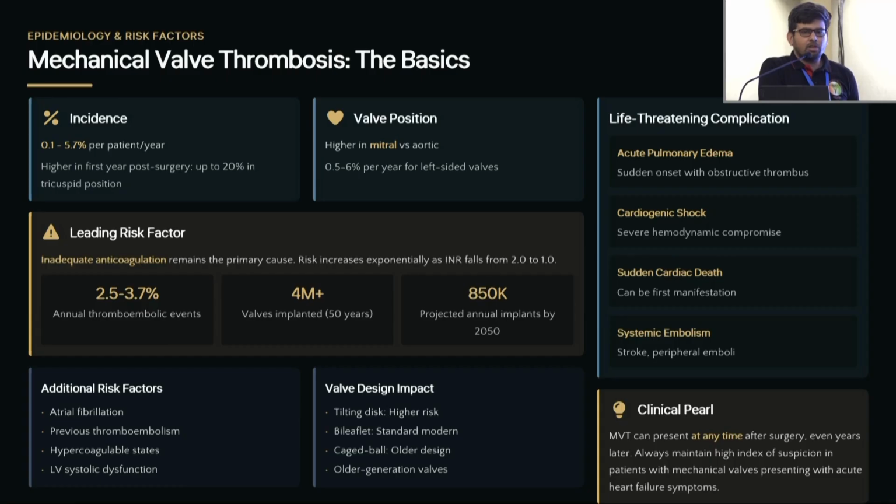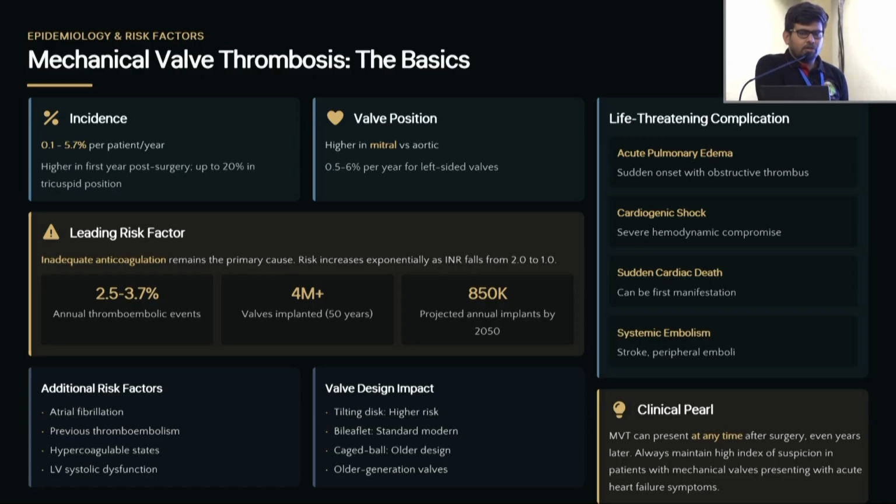First, non-compliance of the patient in taking the drugs, so that the PT/INR is not maintained. The number of patients undergoing valve replacement has been consistently increasing, with 850,000 projected by 2050. What are the additional risk factors?